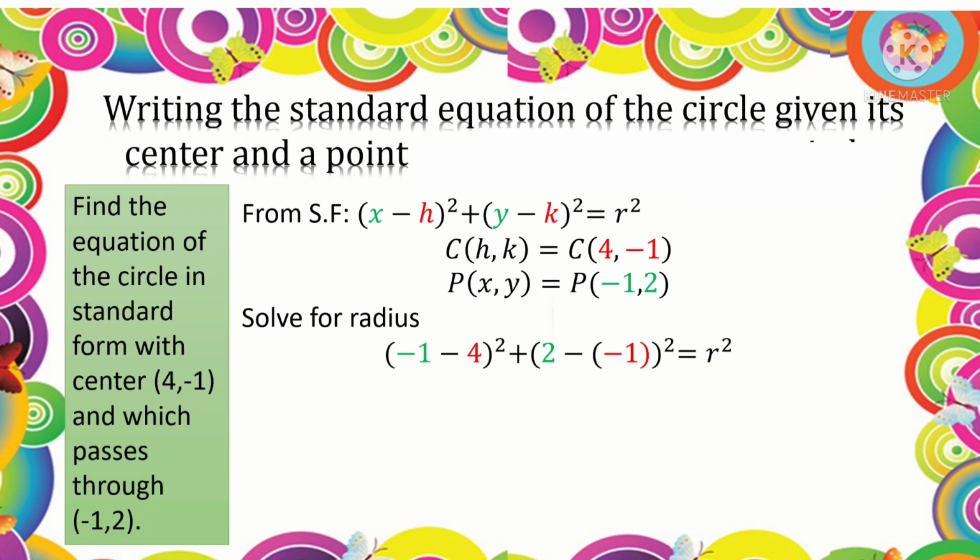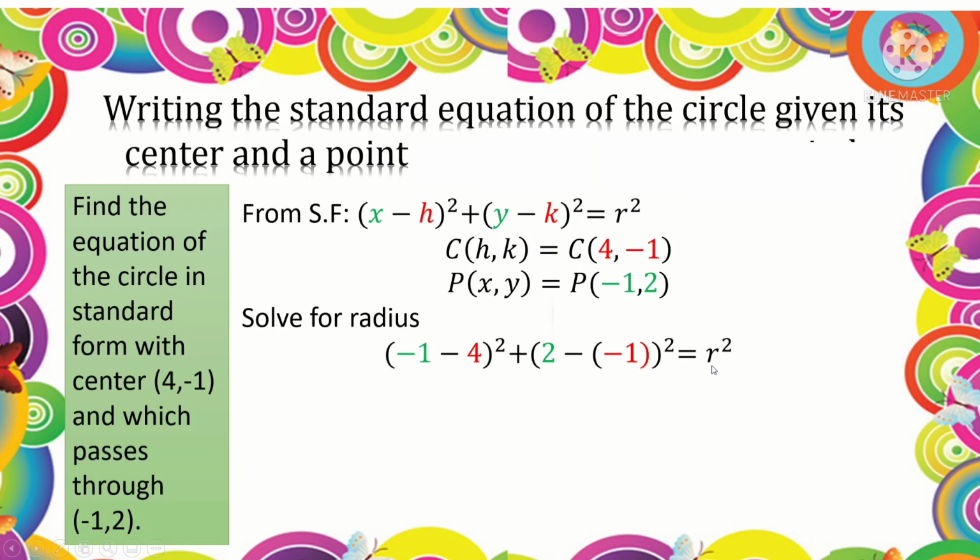x minus h to the power of 2 plus y minus k to the power of 2 equals radius squared. Substitute everything that we have from the point and the center. Negative 1 for x, positive 4 for h, positive 2 for y, and negative 1 for k.